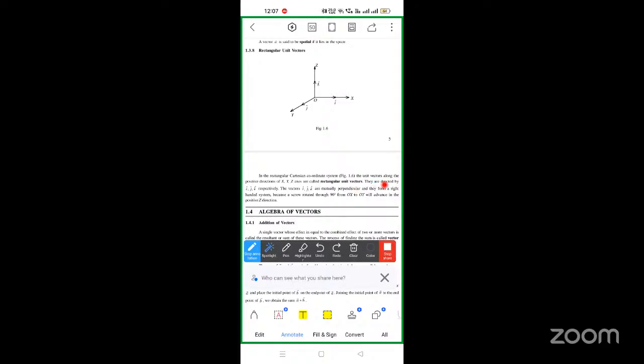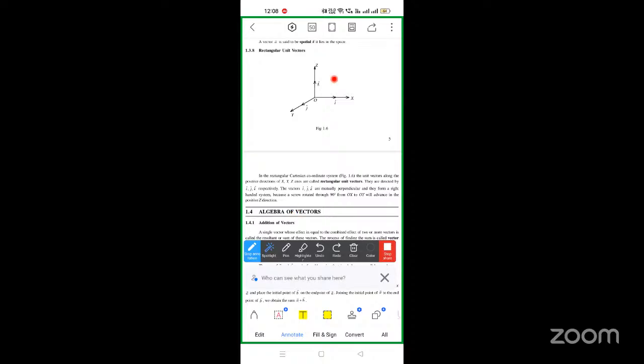They are denoted by i, j, k, meaning the direction of the x-axis, y-axis, z-axis respectively. The vectors i, j, k are mutually perpendicular, and they form a right-handed system because a screw rotating through 90 degrees from OX to OY will advance in the positive Z direction.